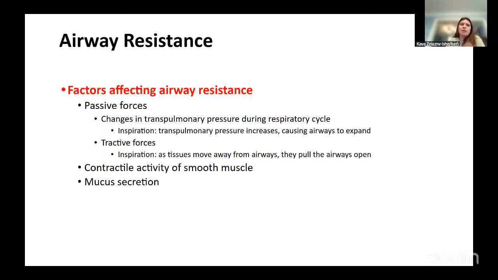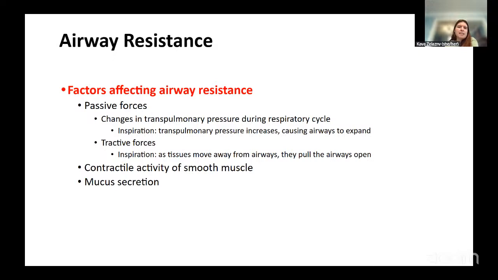Okay. So we have some factors that can affect airway resistance, and we can also think about how well we can actually compensate when we see changes in resistance. Okay. So in terms of these factors that might be changing the resistance of our airways, we've got some passive forces, right?